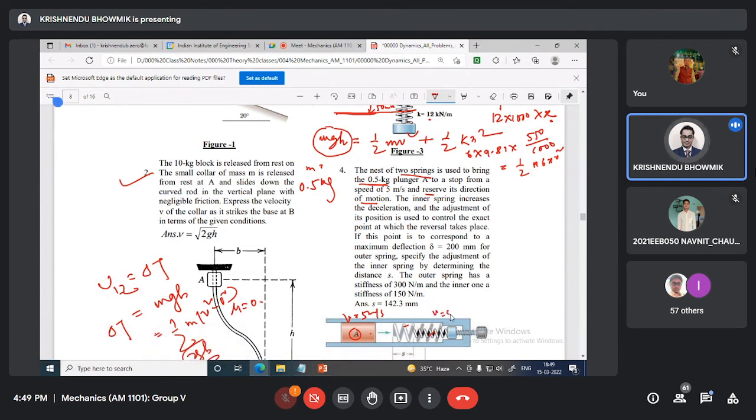Finally it will be 0 velocity, and there is a guide through which it can travel in the horizontal direction.